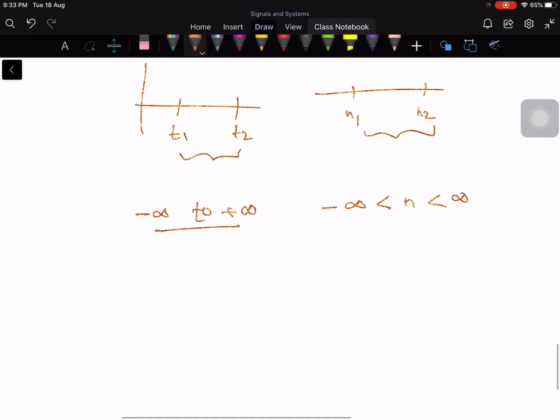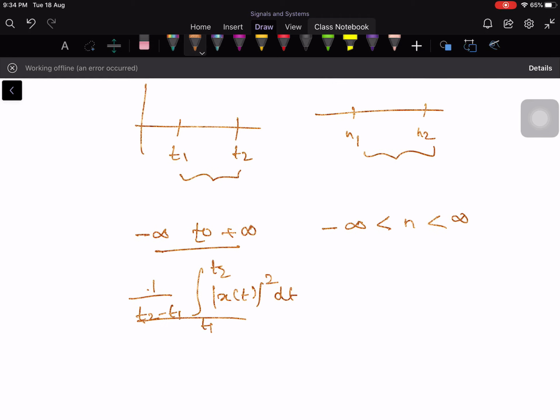So our definition says you take 1 by T2 minus T1, integral from T1 to T2, take modulus of x of t, square it, and dt. In this one you take the limit.